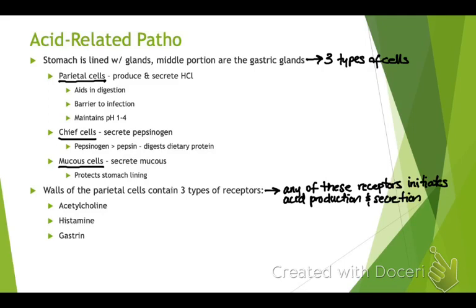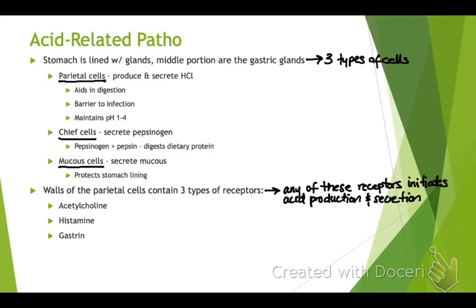The chief cells help to secrete pepsinogen, and the pepsinogen becomes pepsin, which also helps to digest your dietary protein, the protein that you eat or get from food.